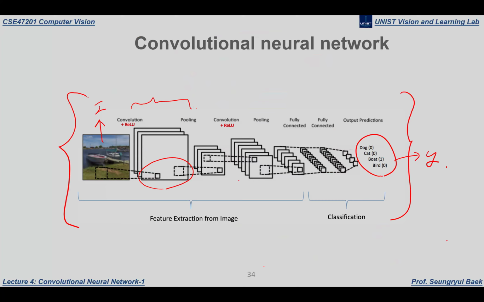And there are a few more operators called pooling and also activation, which we will learn about further. And the fully connected layer is the kind of operation that we already learned, actually the same as an MLP layer, multi-layer perceptron, the layers that stack linear layers with a nonlinear layer in the middle.